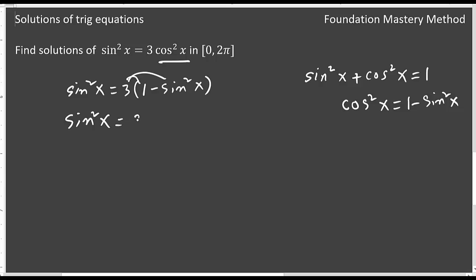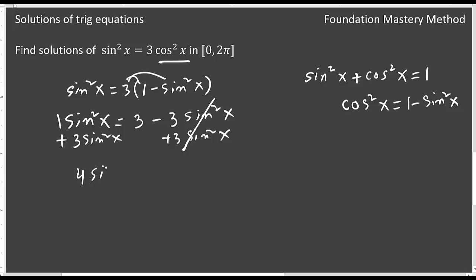You get sine squared x equals 3 minus 3 sine squared x. Now add 3 sine squared x to both sides. Cancel this one on this side. On the other side you have 1 sine squared x, and 3 sine squared x will make it 4 sine squared x equals 3.